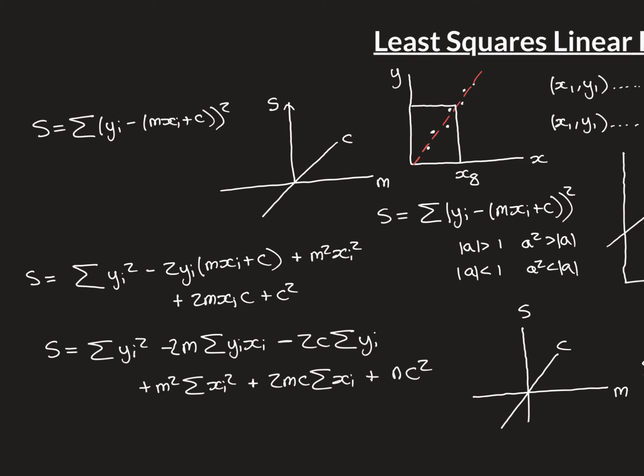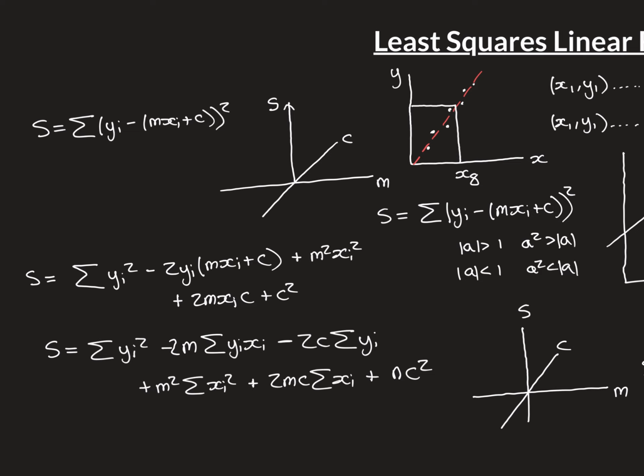It's going to become bigger and bigger and bigger. If you're making m bigger and bigger and bigger, that's going to make your line at some point an absurd approximation for these data points. So the differences between the data points and your line is going to get absurdly out of control as well. So actually, as m goes off to infinity here, this s is also going to go off to infinity.